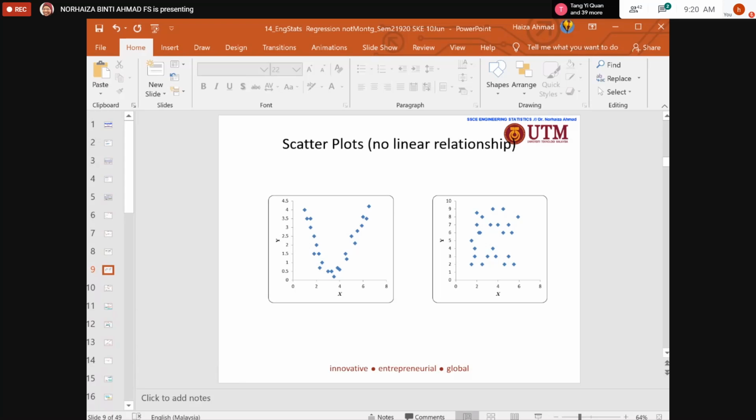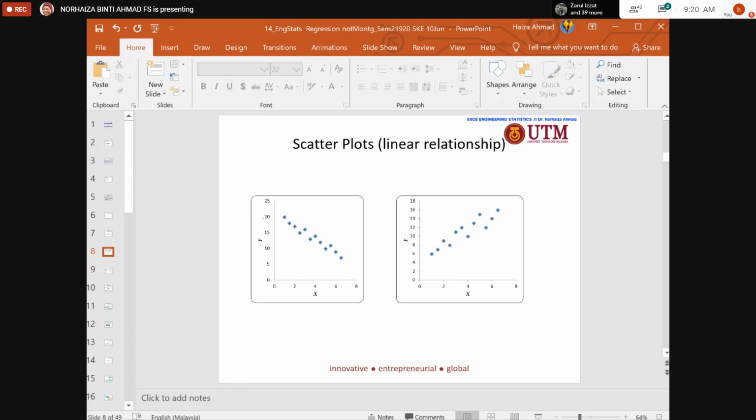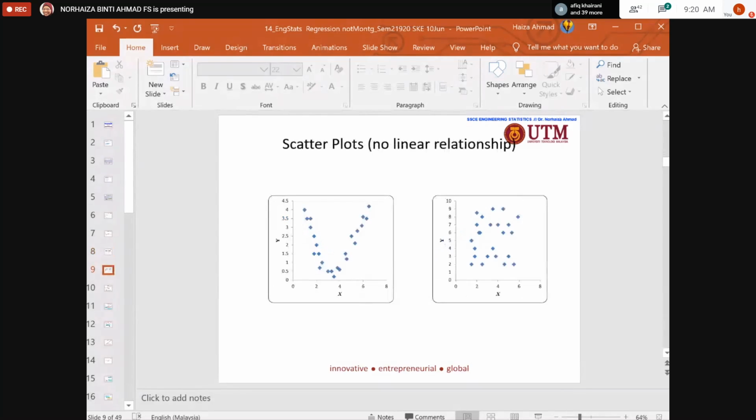What about this one? This one also doesn't seem to have a linear relationship. It looks a bit random, right? Okay, so it doesn't look as if it has a linear relationship. So the kind of model that we're going to do today, the name is linear model, so it is more suited to this kind of data. So when you analyze data and you see data that looks like this, that means okay, this looks linear, so I need to use a linear model.